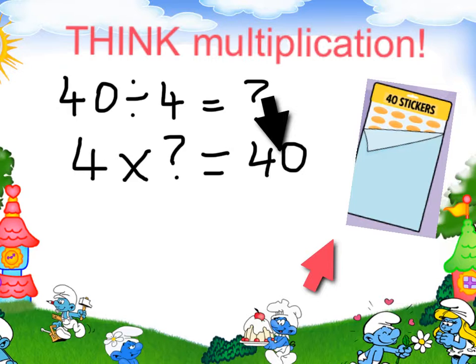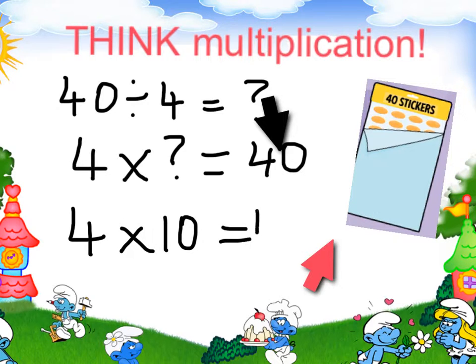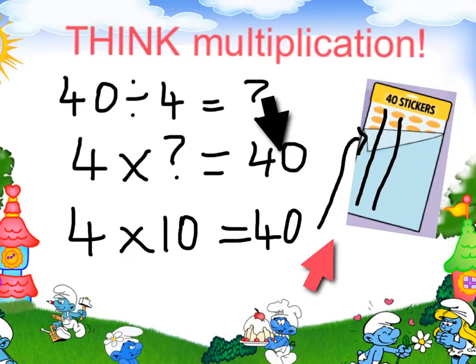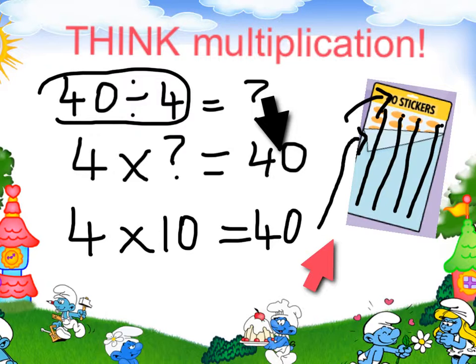Now, what multiplication fact is that rule from? It's from the 10 times table, isn't it? So 4 times 10 equals 40. So now I've just worked out how many stickers are in each of these rows here. There are 10 stickers in each row of 4 to give me 40 stickers. So I am thinking multiplication, even though I started off with a division fact.